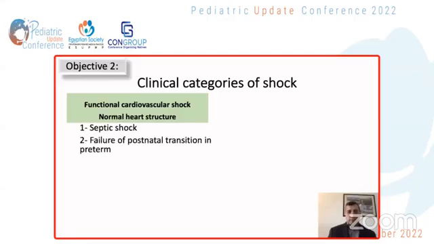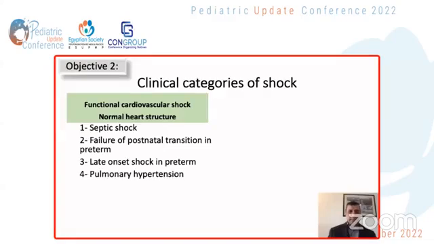It could be related to septic shock, or failure of postnatal transition in preterm infants due to a sudden increase in systemic vascular resistance in premature infants after birth, after separation, cutting, or clamping of the umbilical cord.